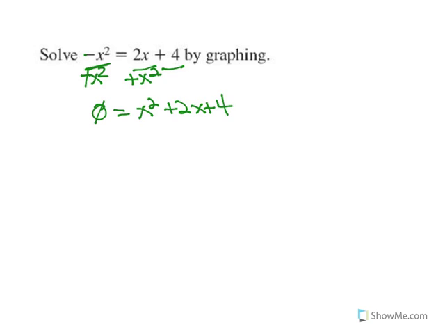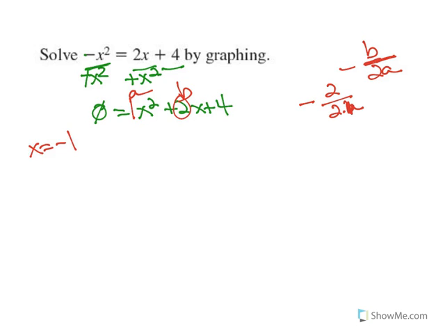Let's try the negative b over 2a, because in the end it's probably going to be a little bit less work for us, and it's good practice because you'll use that again later. So, negative 2 over 2 times 1, because this is b and this is a. So that should be 1, not an a. 2 divided by 2 is 1, so negative 1.